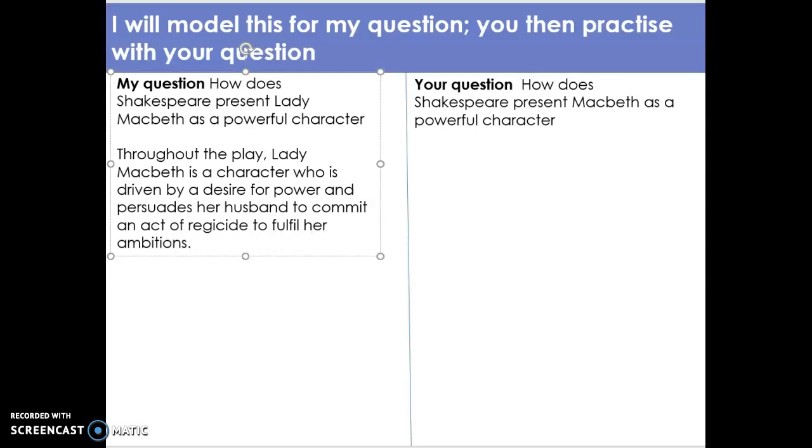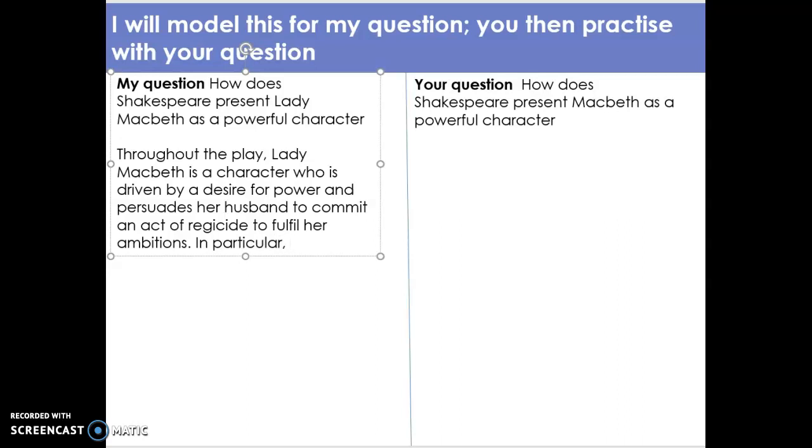So hopefully you can see there that I've just given a general overview of Lady Macbeth. I haven't really said anything about her, whether she's powerful or not yet. I've just said she's driven by a desire for power and persuades her husband. So very general introduction to her character. So now I can start my specific sentence and I can say in particular, and now I'm going to say more specifically what type of power Lady Macbeth has.